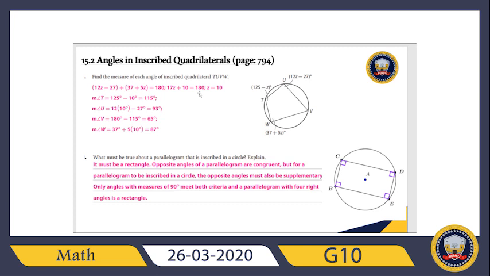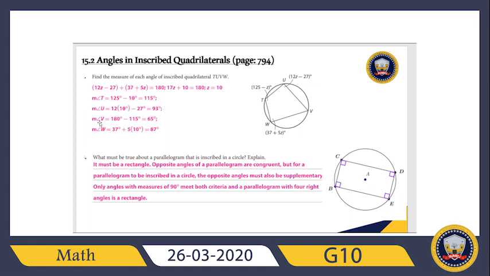Now, what is the measure of T? I found Z to be 10, so I just go to the expression and substitute for Z. It is 125 minus Z, which is 10, so it is 115. U also, it's 12 times Z, meaning 12 times 10 minus 27, which is 93 degrees.